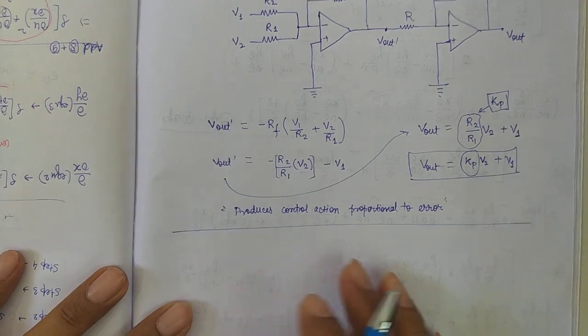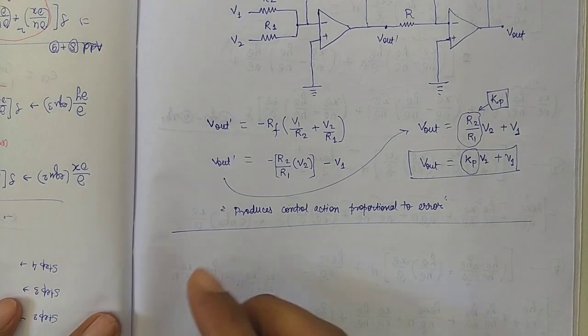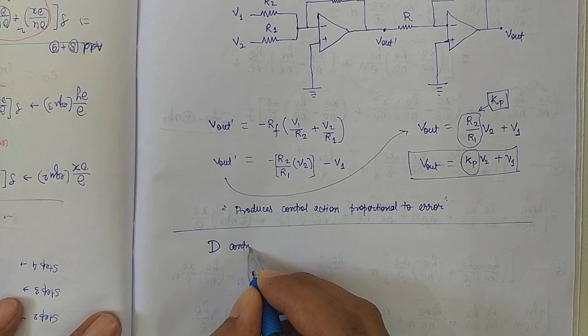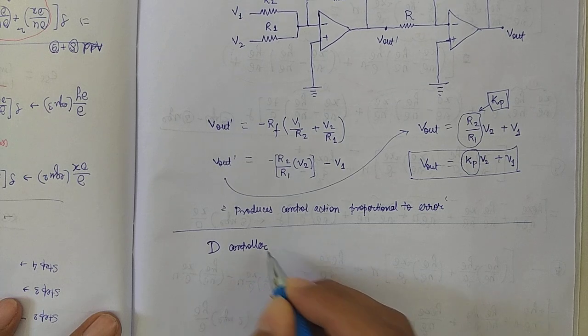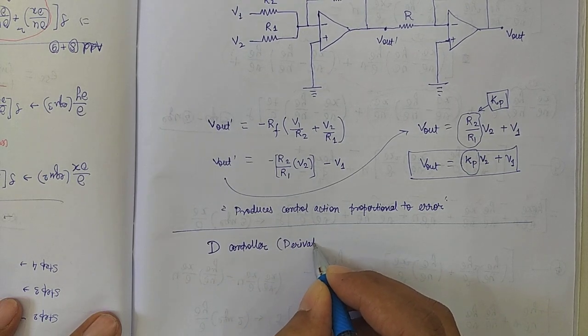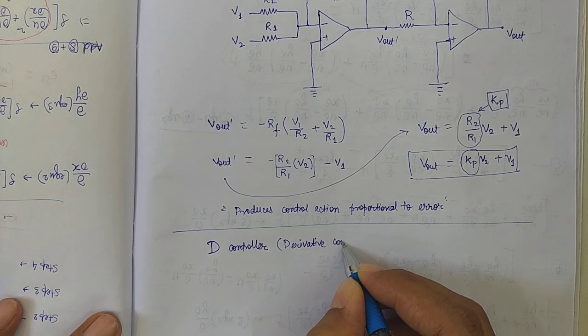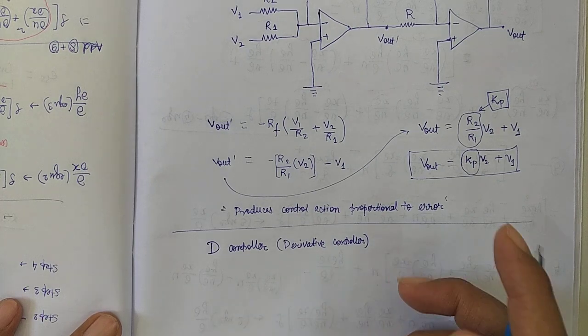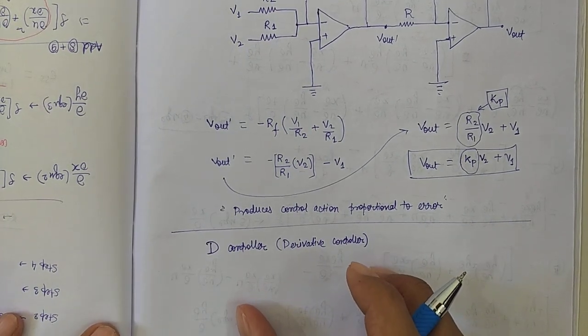Now let us see how the derivative control, the D controller, in reality, how does it look like?